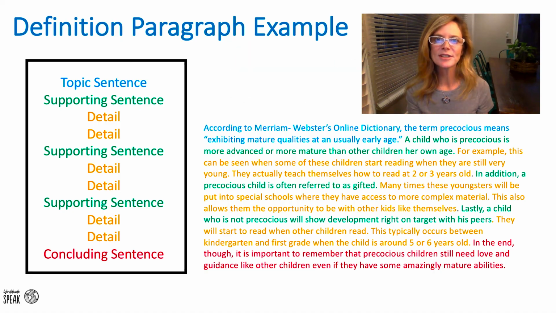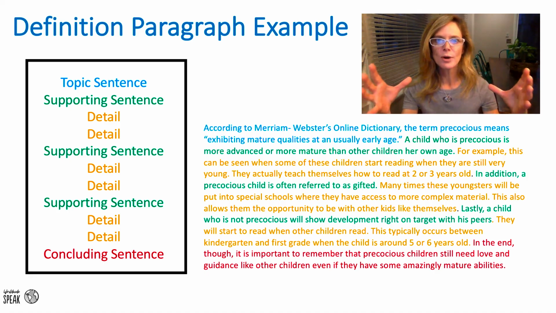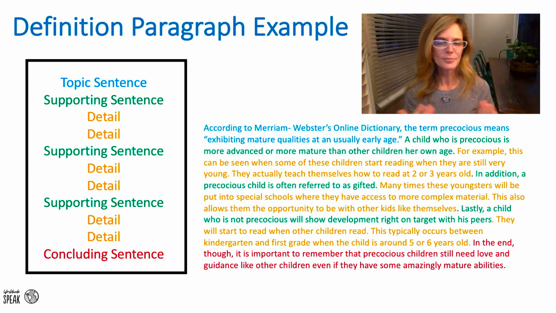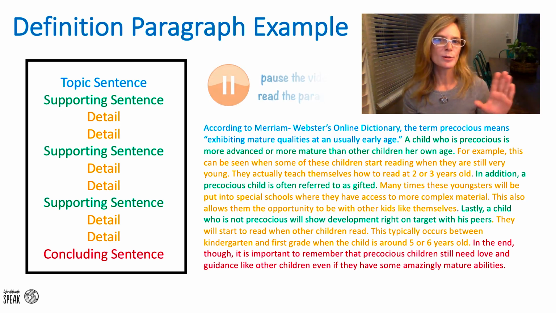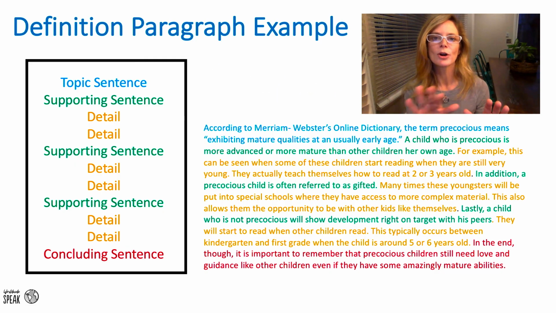And then the concluding sentence in red. I thought this way would be a nice visual way to remember the structure of the definition paragraph. Again, feel free to pause the video if you need some extra time to read through it or to examine where all the different pieces fall into place in this paragraph.